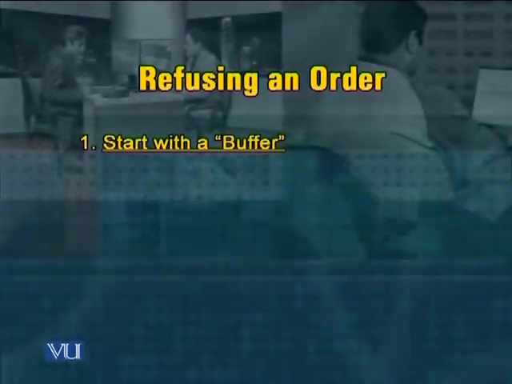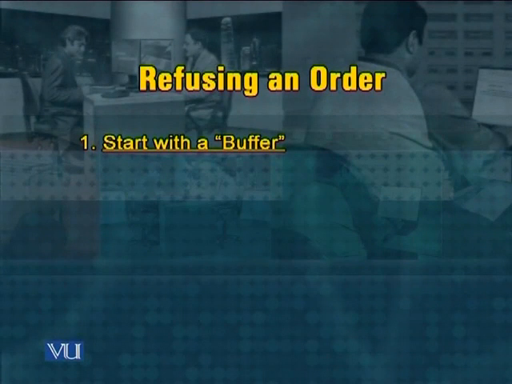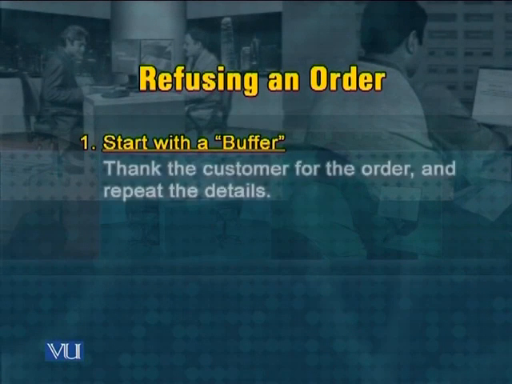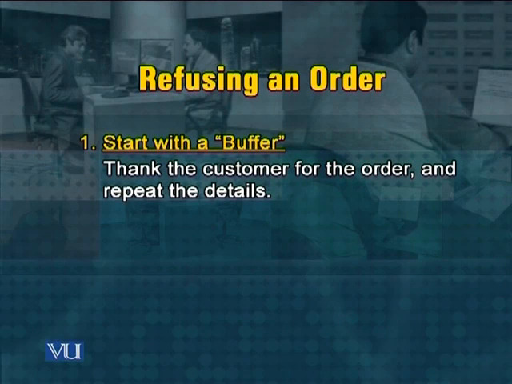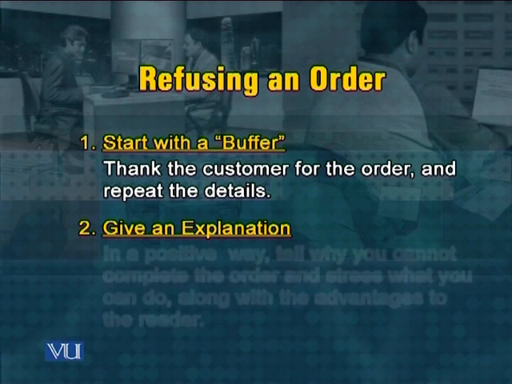Let's look at the first organizational plan of the refusal letter. Start with a buffer, thank the customer for the order and repeat the details. So what are you going to do in a refusal of an order? You're going to thank the customer for the interest in your product or services, and you're going to repeat the order. Next thing is to give an explanation.